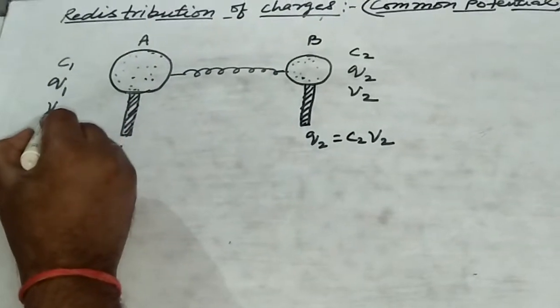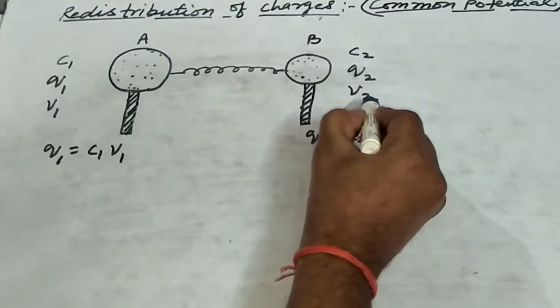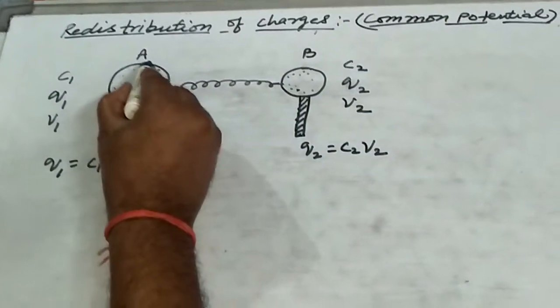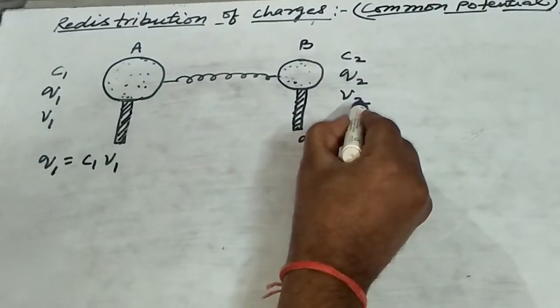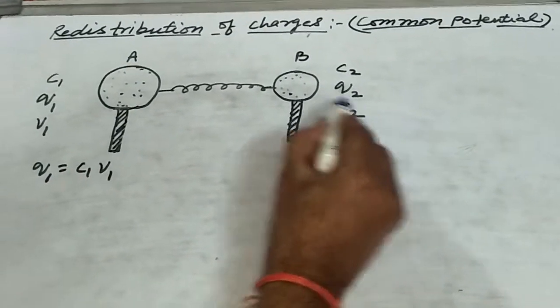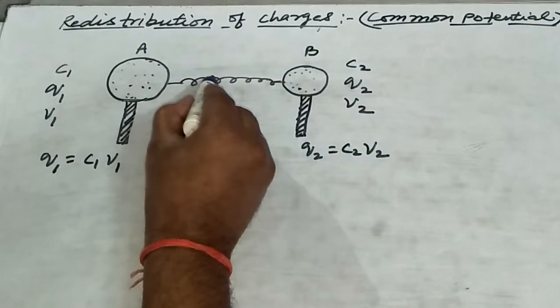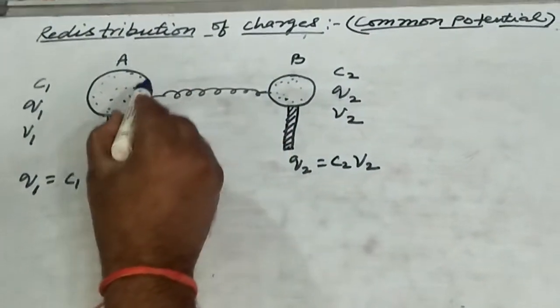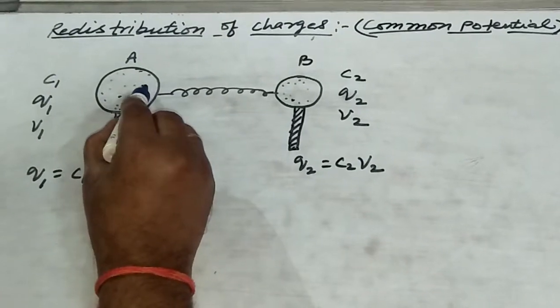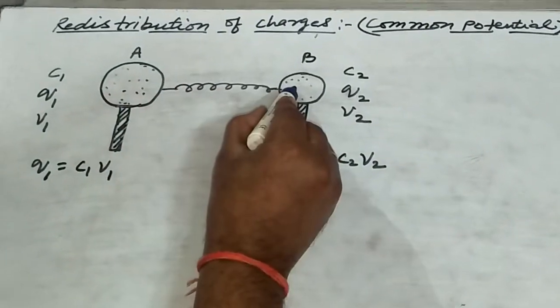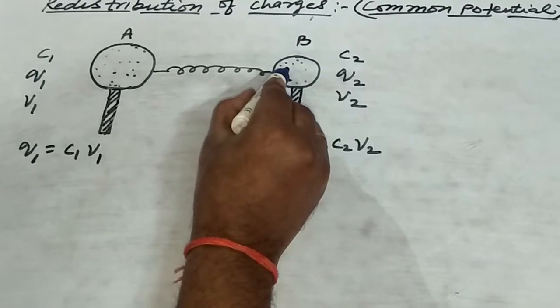Suppose V1 is greater than V2. It means the potential of conductor A is greater than the potential of conductor B. When both conductors A and B are connected through a thin conducting wire, positive charge starts to flow from A to B till their potential becomes equal.